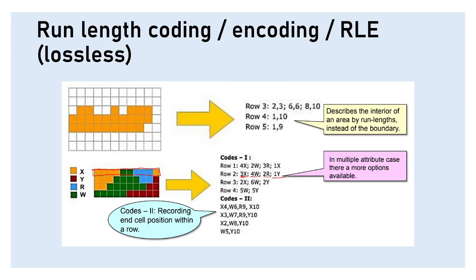For W the cell position is 1 2 3 4 5 6, so sixth position, and for R or blue it is ninth position, and again X is there in the 10th position.